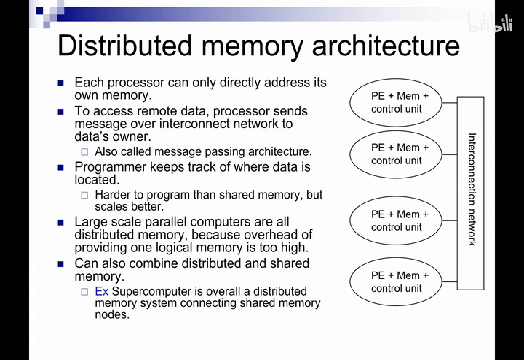For example, a supercomputer at a high level is going to have a distributed memory system. It has many of these, let's say, cabinets or nodes, and each of these cabinets or nodes has its own memory. But within the cabinet or the node, you might have a shared memory architecture. So at the high level, it's distributed memory, and at the lower level, it's shared memory.